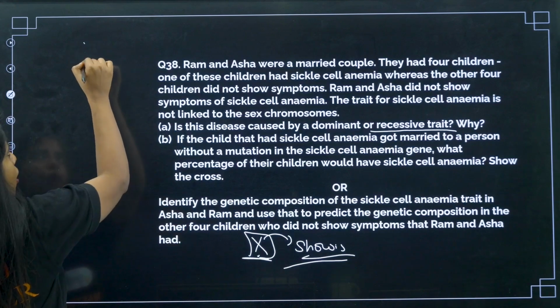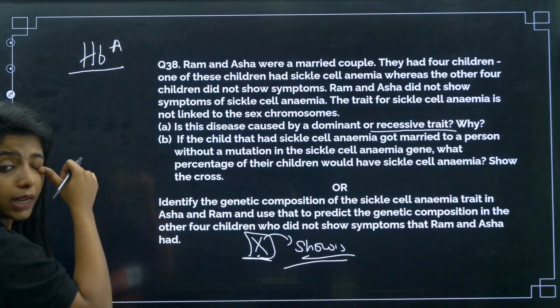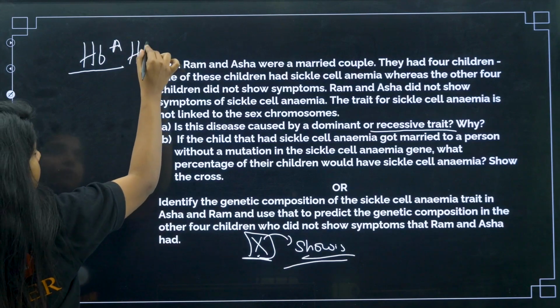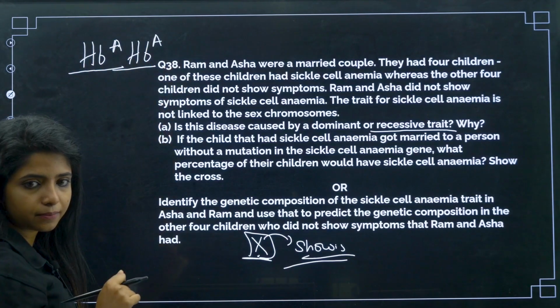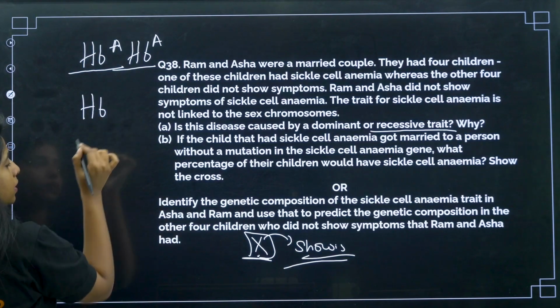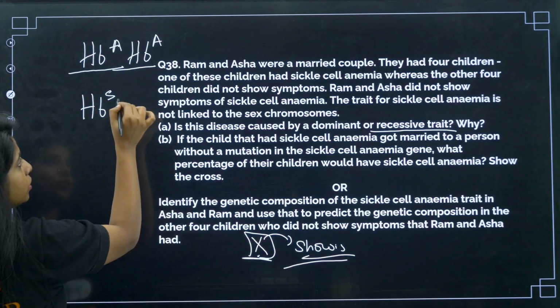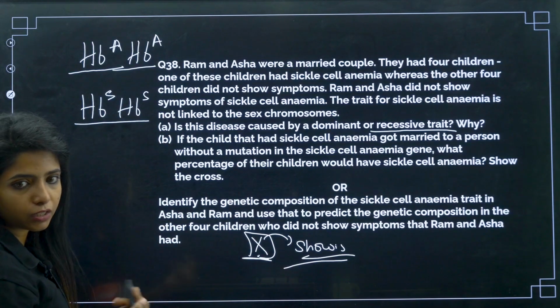And who are the carriers? I'll tell you. So, the normal allele for this looks like this, where this is the normal allele for normal cells. Now, if you are having sickle cell anemia, then since it is a recessive trait, both the alleles should be affected. That is when the recessive trait is being shown.